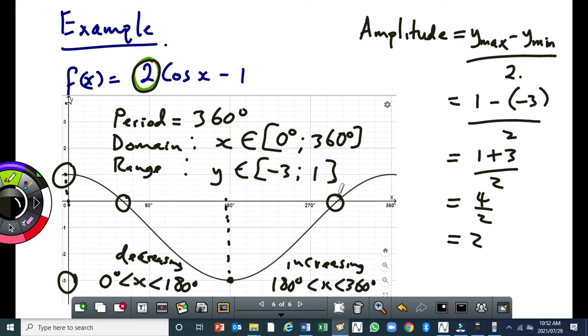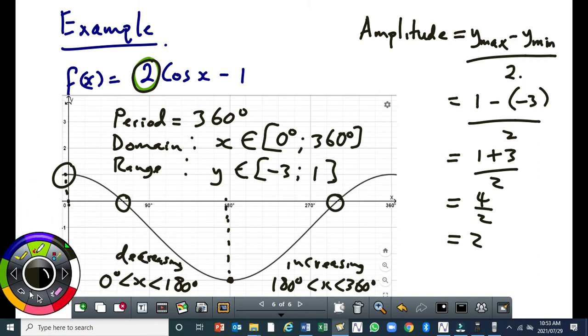For what values of x is f of x less than 0? Let's do it because it's part of interpretation anyway. f of x less than 0 means y is less than 0.